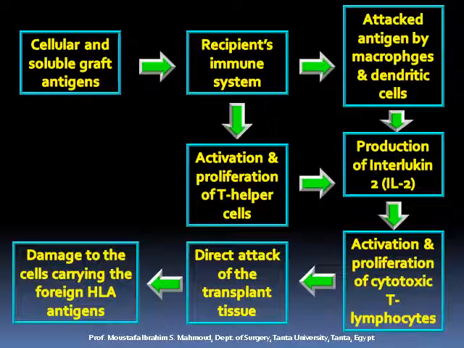Both the attack and the proliferation will produce interleukin 2. That interleukin 2 will lead to activation and proliferation of the cytotoxic T lymphocytes. This activation of the cytotoxic T lymphocytes will lead to direct attack of the transplant tissue and in turn damage to the cells carrying the foreign HLA antigens.